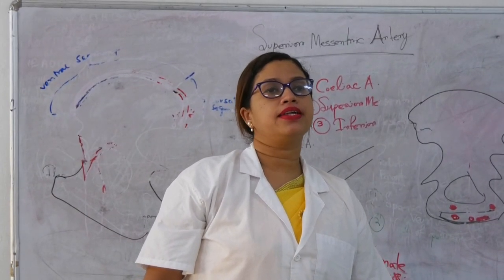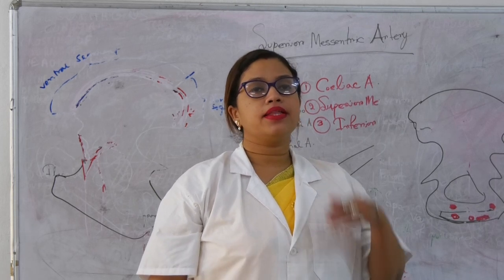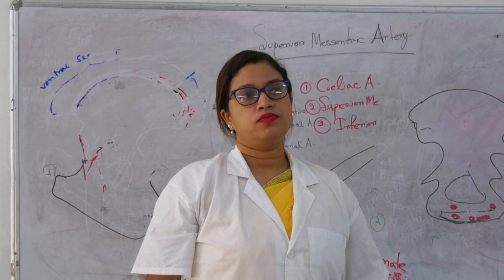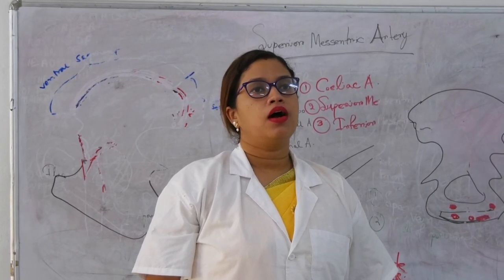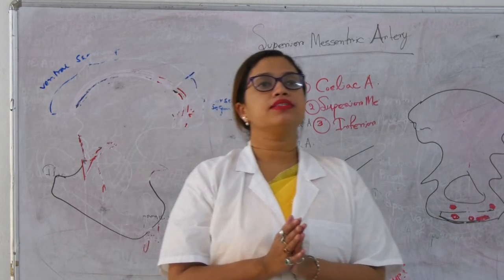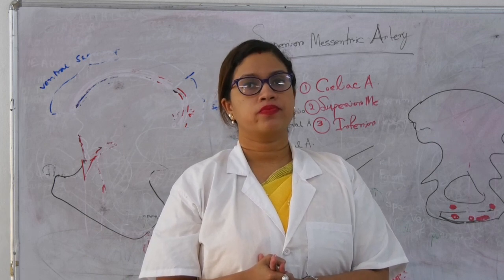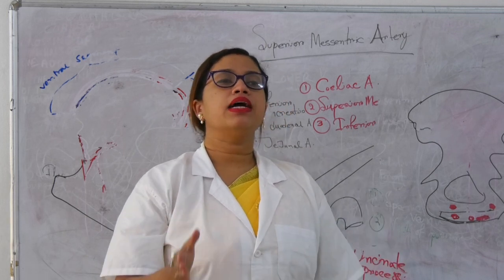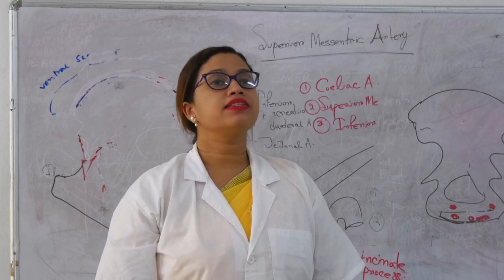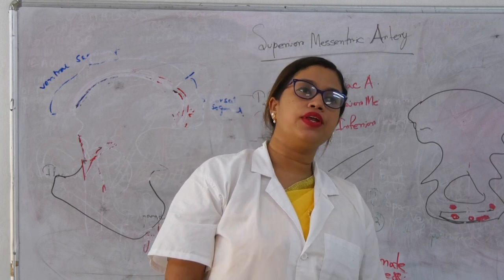Inferior mesenteric artery. So who will tell me the branches of the celiac trunk? At first, tell me about the abdominal aorta. How many branches does it have? The anterior branches are 3: celiac trunk, superior mesenteric artery, inferior mesenteric artery.